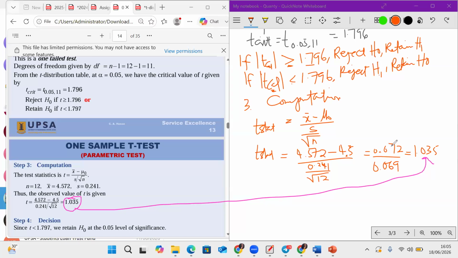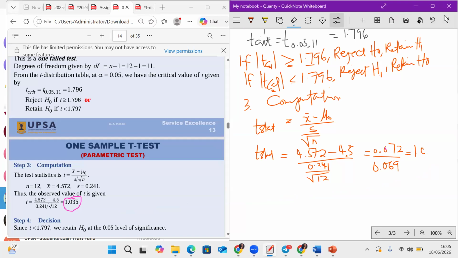When you put the 0.072 over 0.069 into the calculator, what do you have? 1.043. It's okay. So let's use 1.043. Don't copy what is there. Just tell me what it is. It's a matter of the rounding.